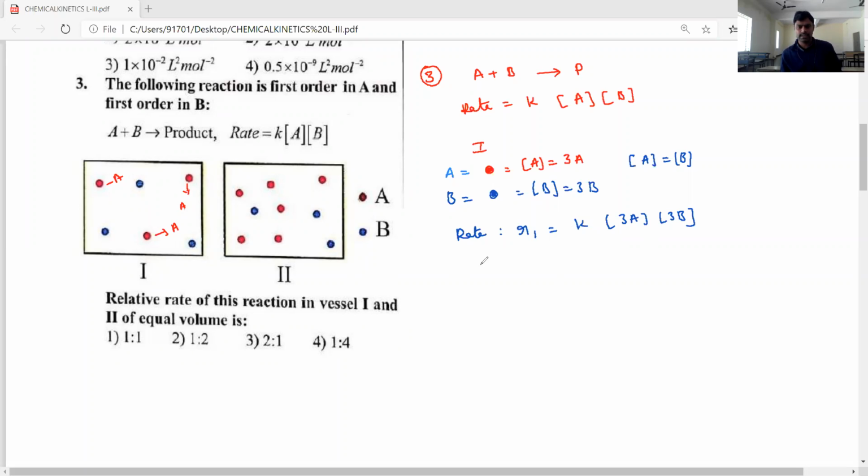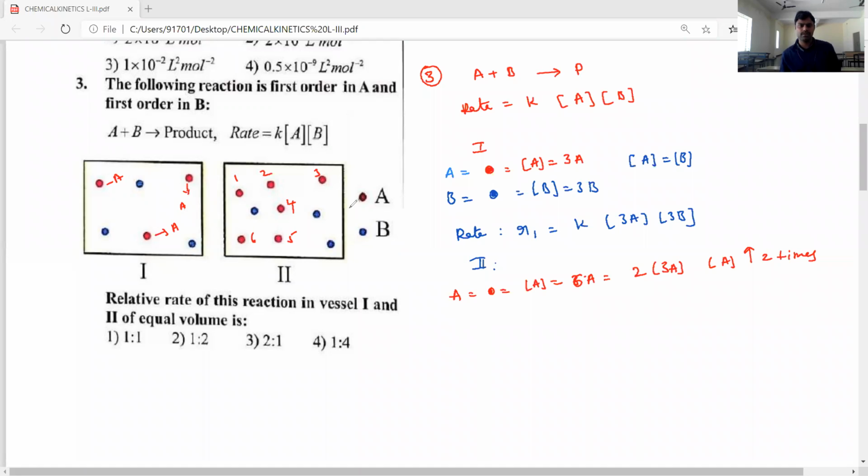Next let's see the second one. Red color means A, how many are present? 1, 2, 3, 4, 5, 6, so A is equal to 6A. The concentration of A is 6A, which is nothing but 2 times 3A, so the concentration of A is increased by 2 times.